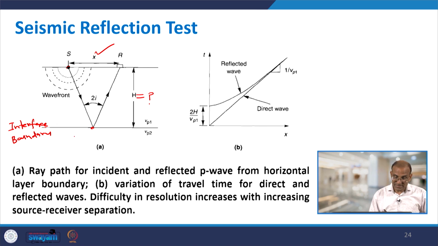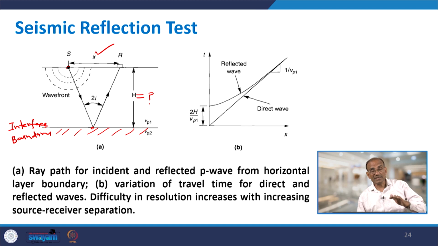Because the interface is fixed, the wave will not pass through it, rather it will reflect towards the receiver.